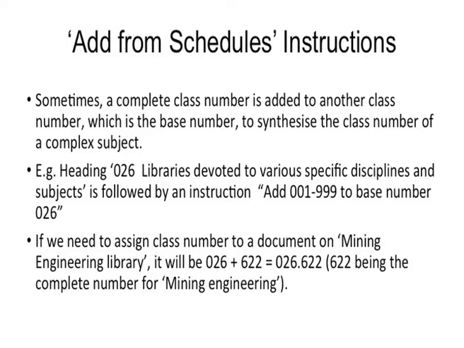Then we take an example. For example, any subject library or any discipline library, say a mining engineering library. Mining engineering is a subject, 622 is the class number for that. If we want to classify this subject, mining engineering library, we can add this number 622 to the basic subject number 026.